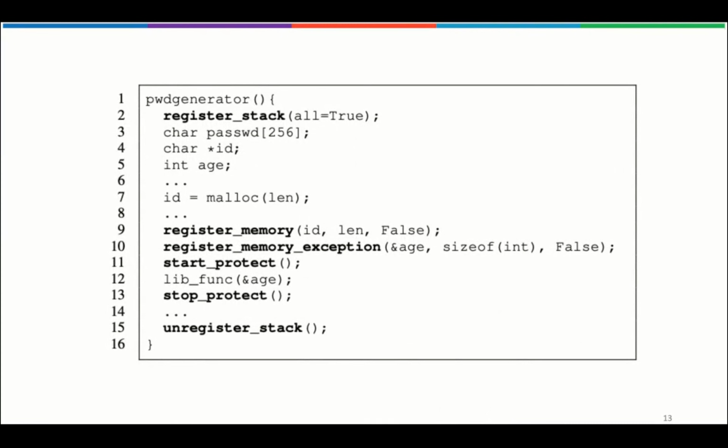And then we talk about register stack and unregister stack. So in the beginning register stack, and then at the end unregister stack.